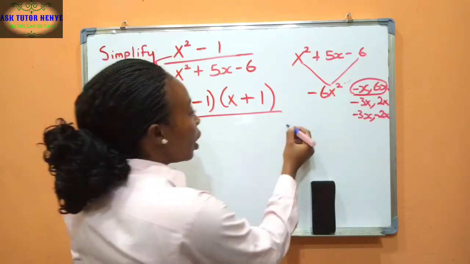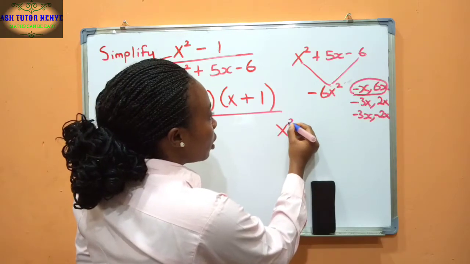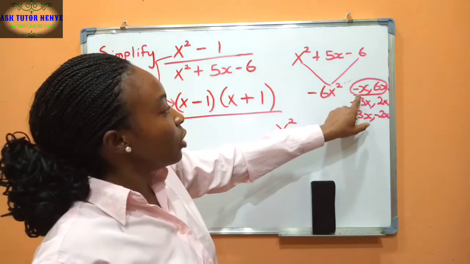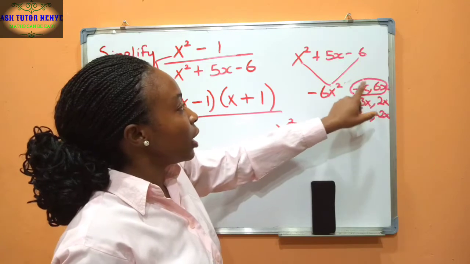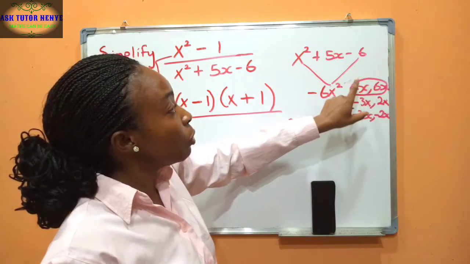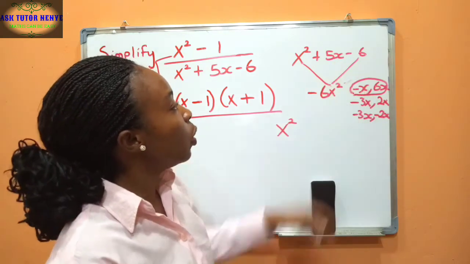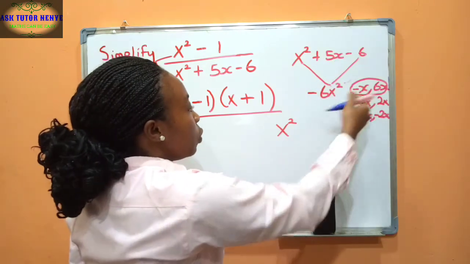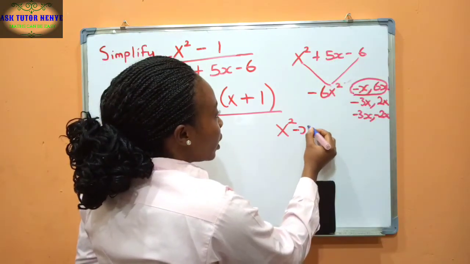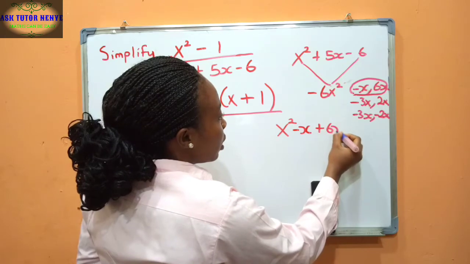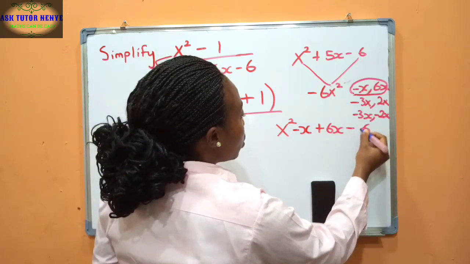So we are going to have x squared, replacing 5x with minus x and 6x. So wherever we have 5x, we are going to put minus x plus 6x. Then we can now solve.